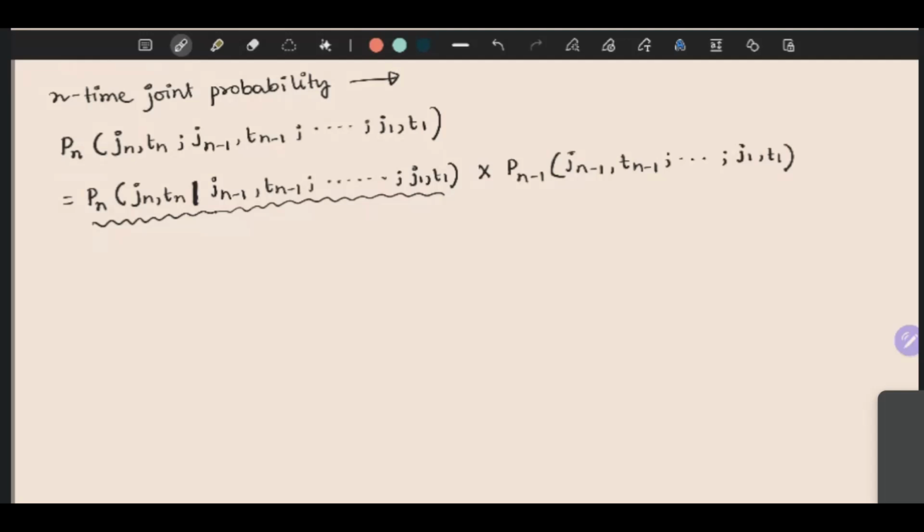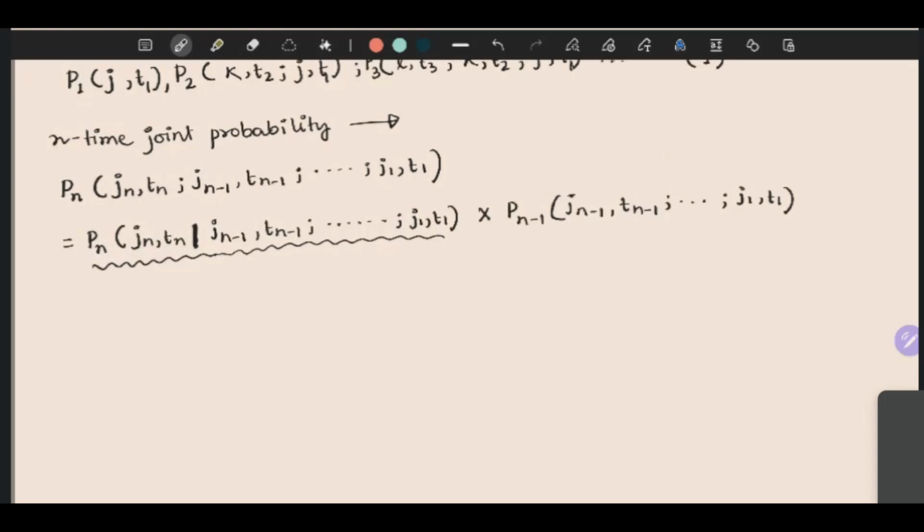So if this happened at successive earlier times, then we can write it like this: this joint probability is this times this one, with a bar after Jn minus 1 Tn minus 1.